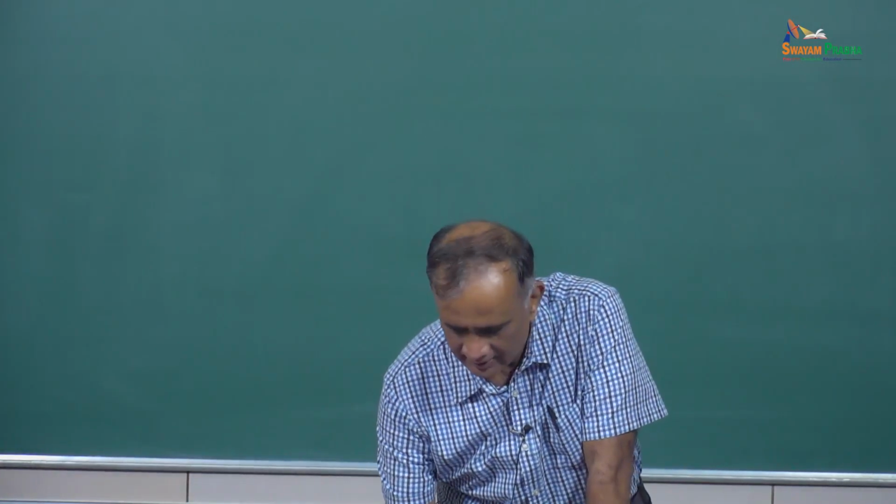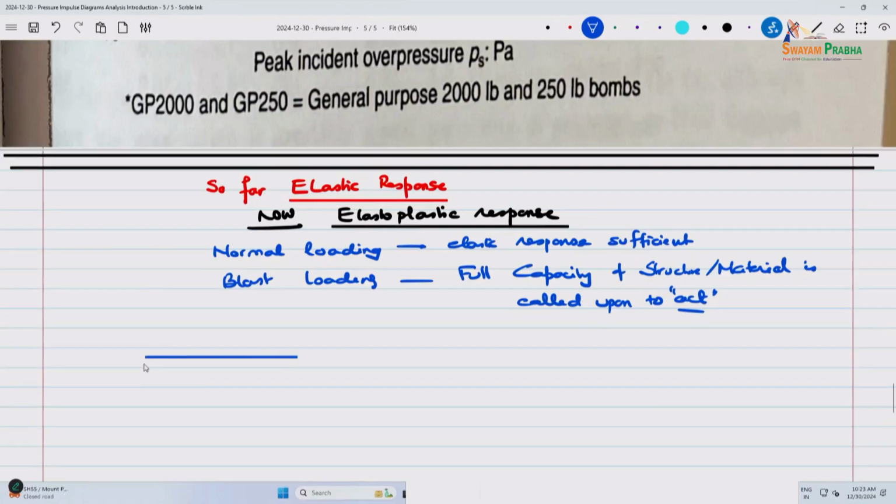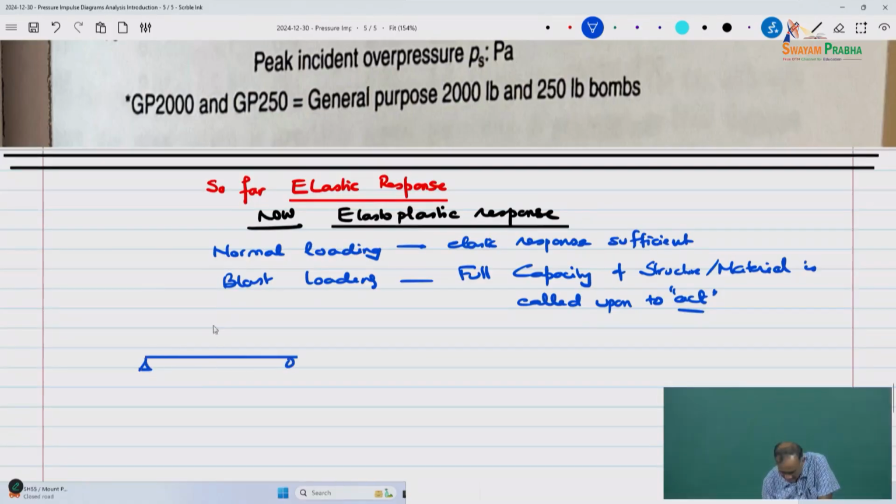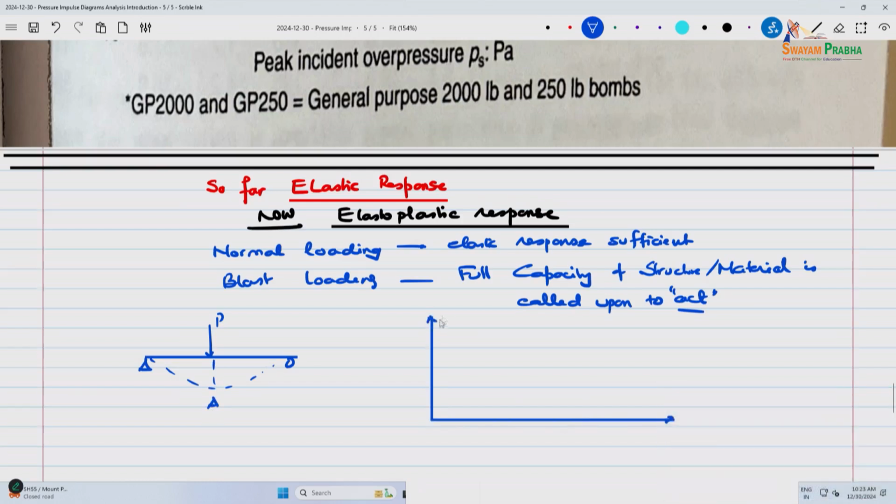So, let's say you are loading a structure, load versus your deflection. Now, if you look at different types of buildings or different types of materials, say you're plotting P versus delta, you can have a response that looks like this, and it may even go.